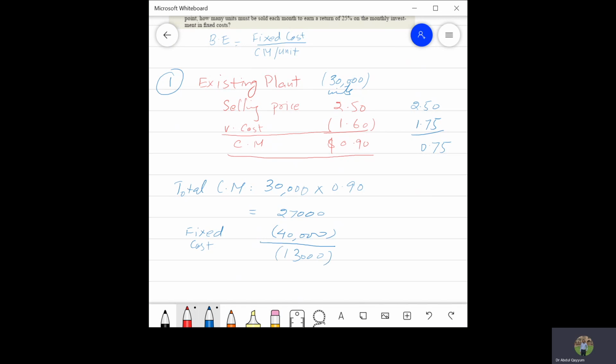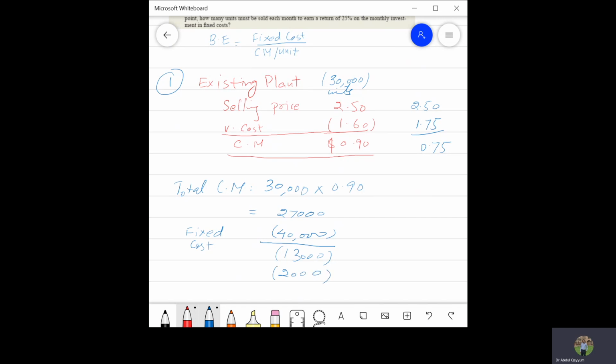So we have to cover these 13,000 to get to break even. Additionally, we have rented another production facility which is creating a fixed cost of 2,000.